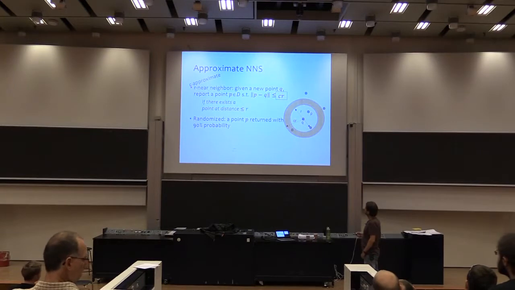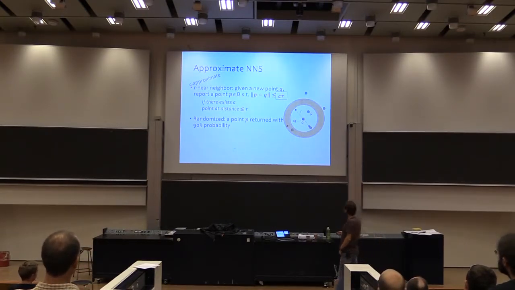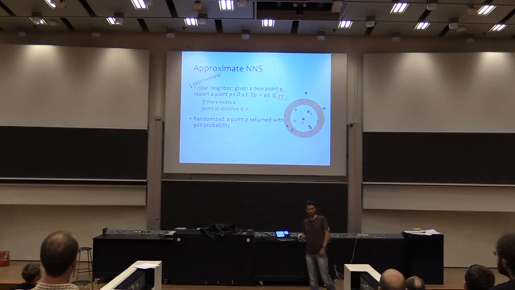And all the algorithms will be randomized. We're using hashing, right? And an approximate point will be returned with 90% probability, let's say.